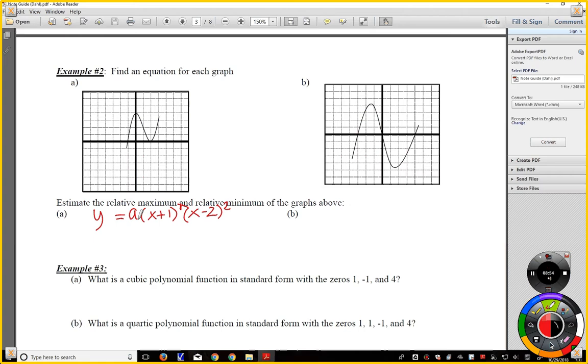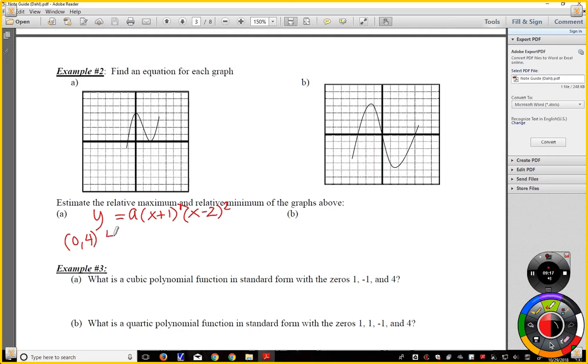So what we want to do is use another point that we can clearly see on the graph. I see that it hits the y-axis at 4. So the point (0, 4) is a point on this graph. So I'm just going to plug in. Remember how we talked about using points that we know something crosses through whenever we're missing a piece of key information?